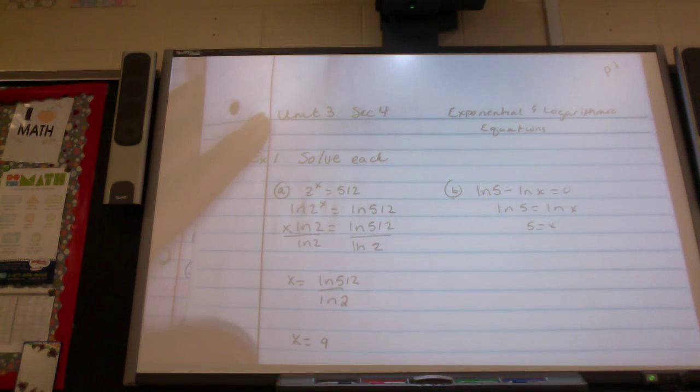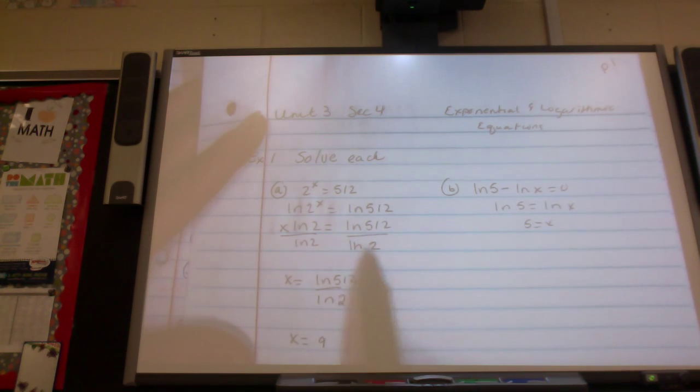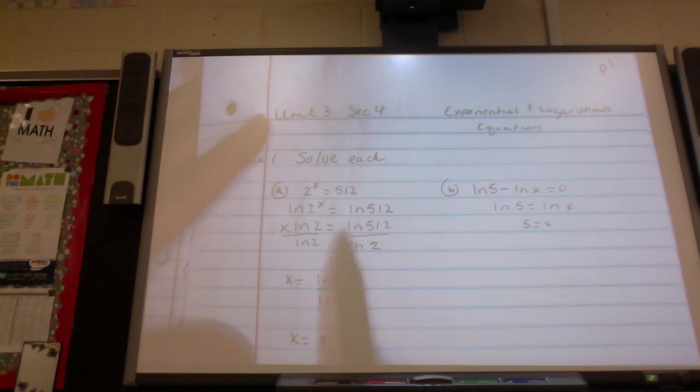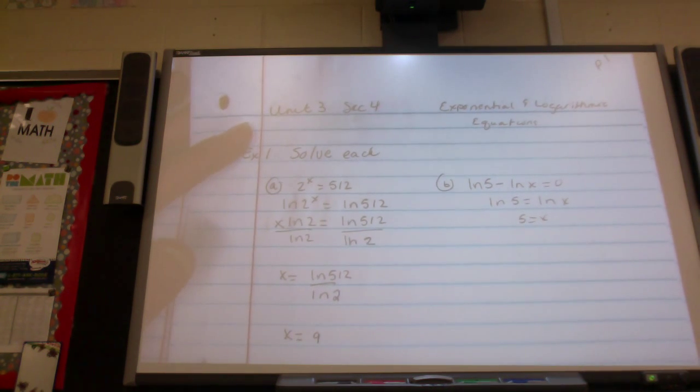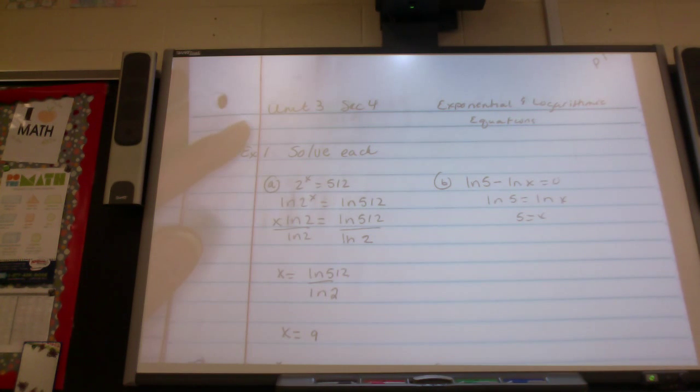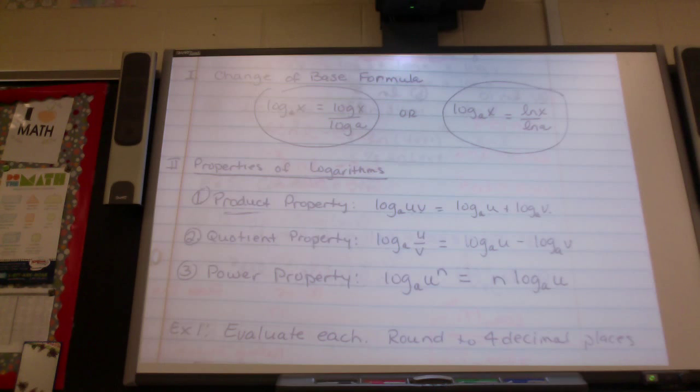What's the difference between putting in log 512 divided by log 2 and doing ln? Nothing. This is using log base e, whereas log is using base 10. Okay, but when I put it into my calculator, I got like 3 point something.